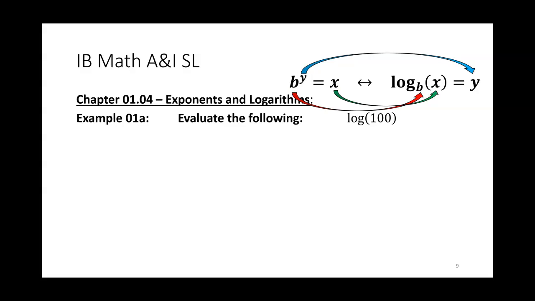So let's do a little bit of practice just evaluating some logarithms. Now, I recognize you can just type log of 100 in your calculator and press enter. Let's use this as an opportunity to practice using our definition of logarithms or some of our properties of logarithms to do this. So if I'm going to use the definition, I'm going to start by saying, okay, log of 100, I need to write that as a logarithmic equation.